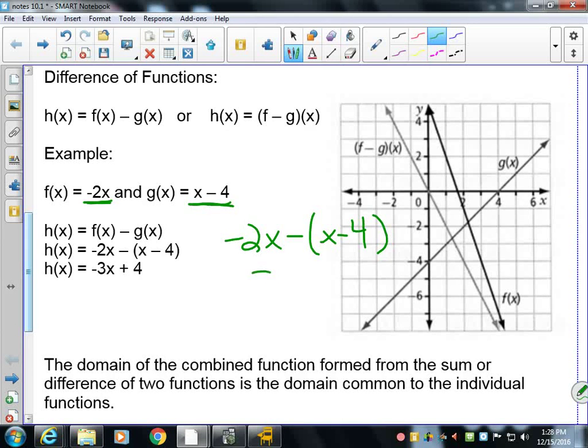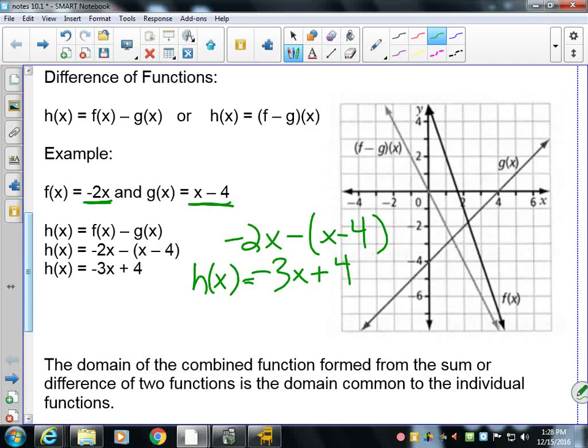That gives me negative 3x plus 4 as my new function. And the same thing, you could do a subtraction: find out what f was, find out what g was, and do f minus g, and that'll give you your point of h at that x, okay?